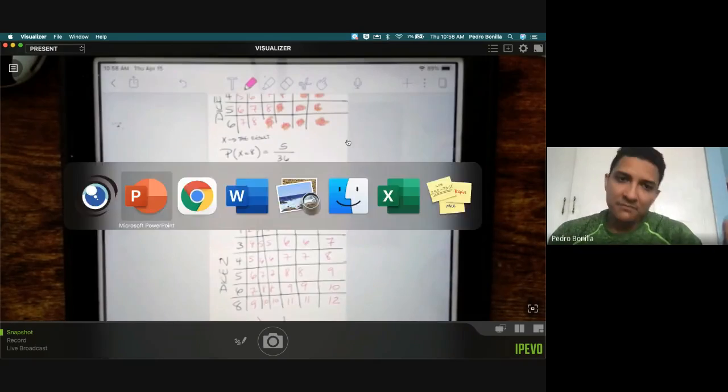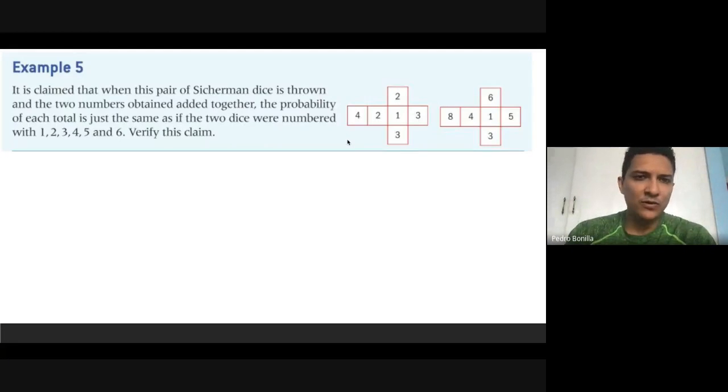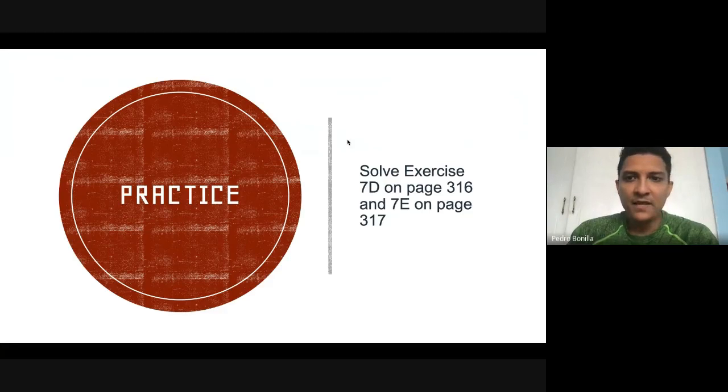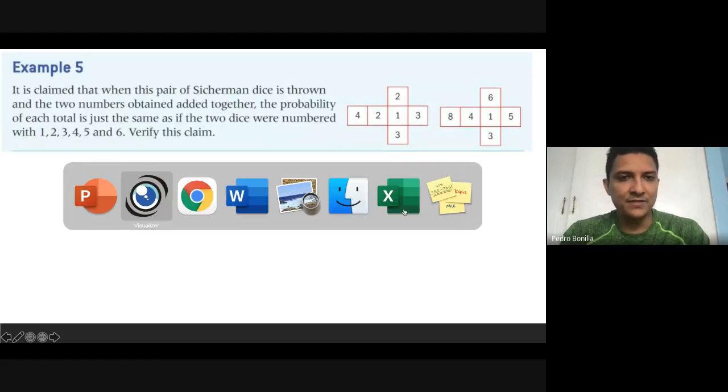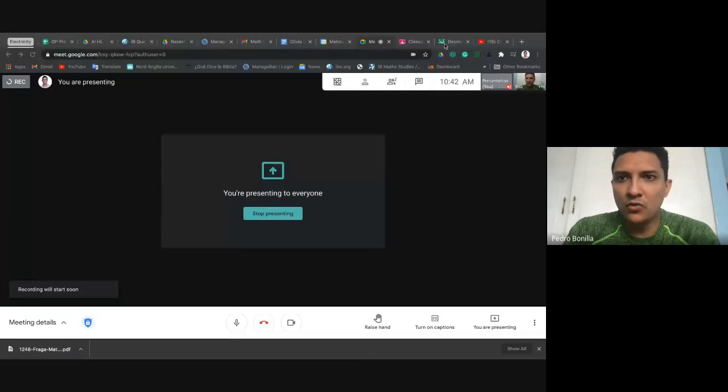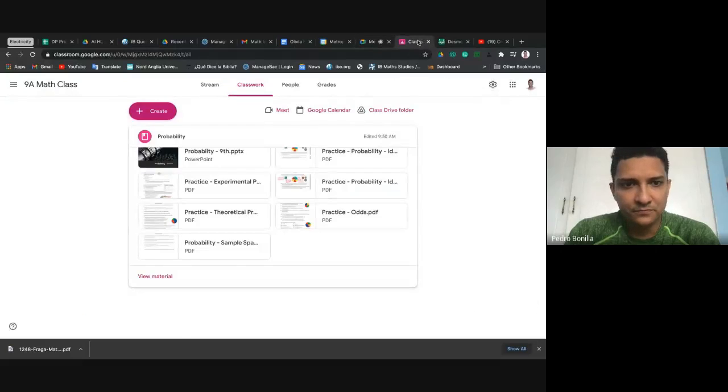So guys, as you can see, basically the idea was to exercise how to apply the sample space diagram. Based on this, you should go to a practice. If you go to the Google Classroom, this is your Google Classroom, and go to classwork.